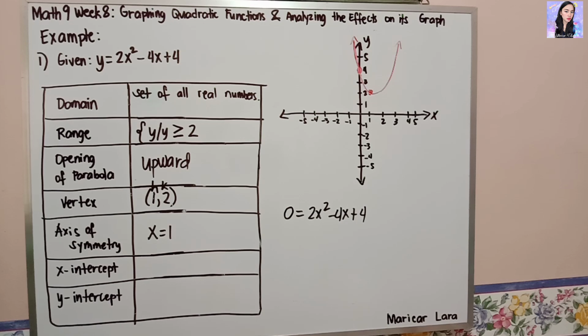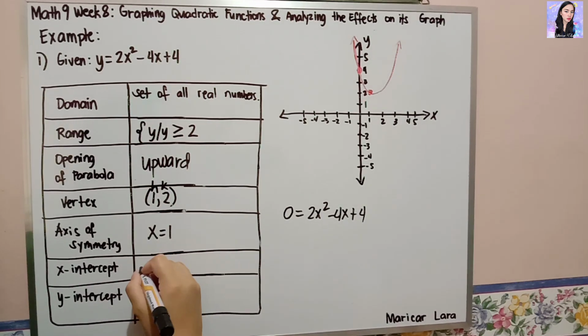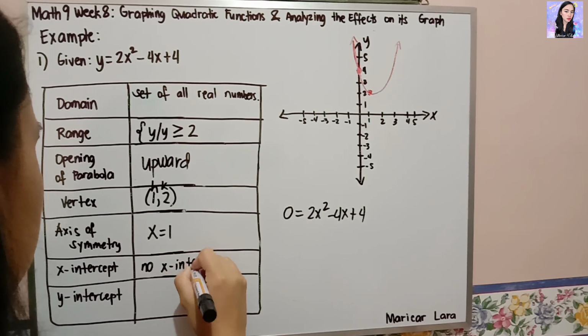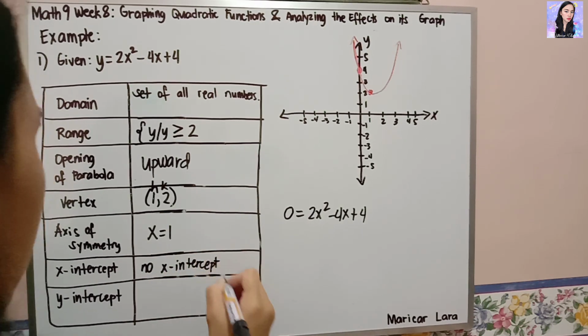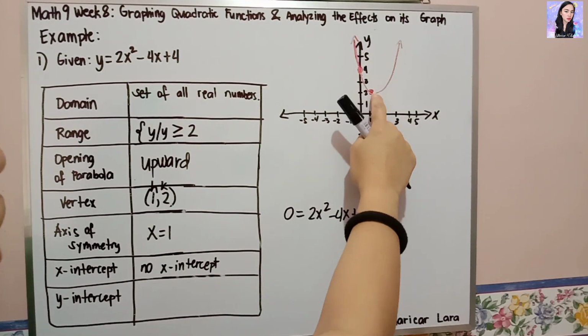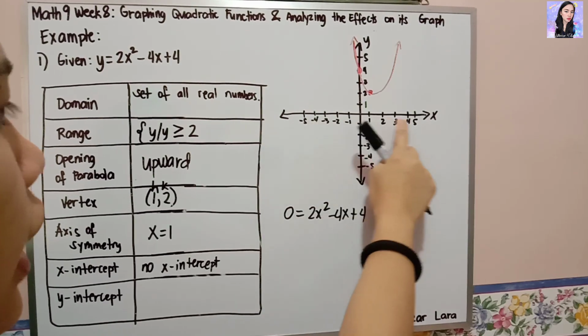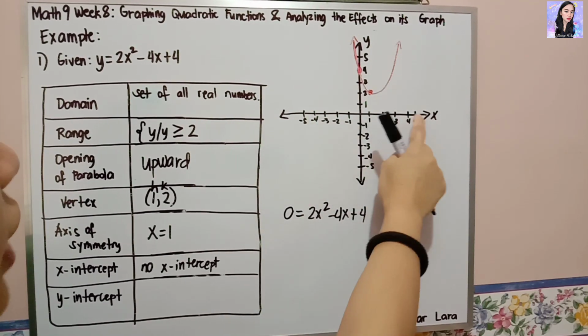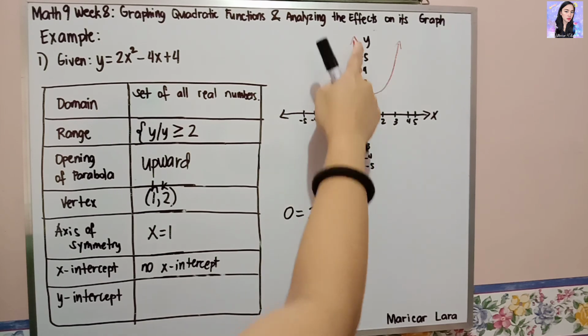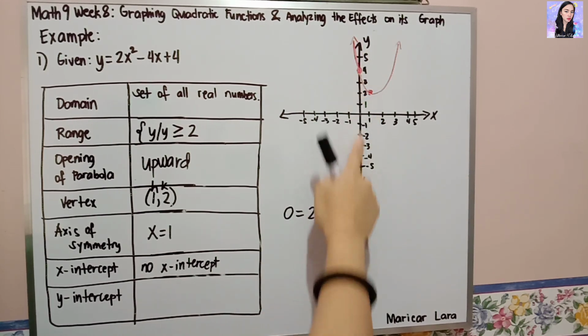So, meaning to say, there is no x-intercept. No x-intercept. At saka kung titingnan nyo din sa graph, ito yung ating vertex. Hindi naman siya tumama sa x-axis. Hindi siya dumaan sa x-axis. Kaya wala tayong x-intercept.